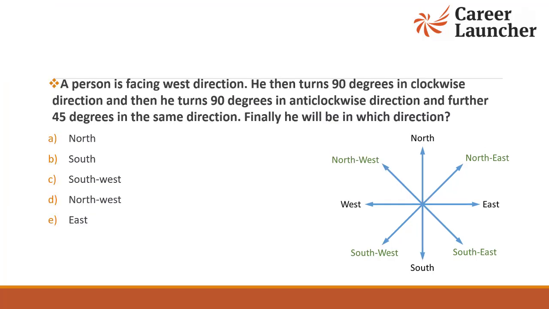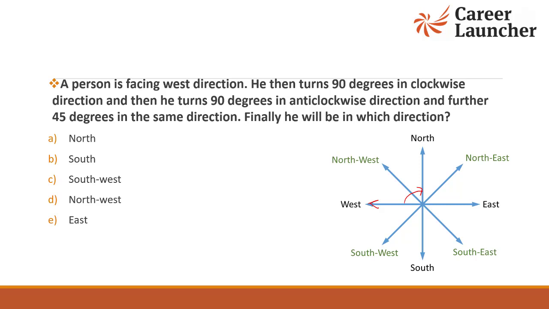A person is facing west. He then turns 90 degrees in clockwise direction, and then he turns 90 degrees in anti-clockwise direction, and further 45 degrees in the same direction. Finally, he will be in which direction? Let's solve this question. This particular person is facing west. If he turns 90 degrees in the clockwise, that means towards the right, he would now be facing north.